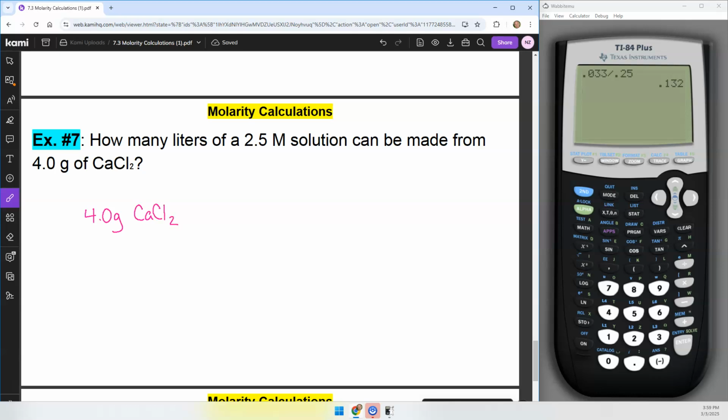We need to turn that into moles. So molar mass is 110.98 grams. That's how many grams are in 1 mole. And we know that it's a 2.5 molar solution. So for every 2.5 moles, that's how many moles are going to be in 1 liter.